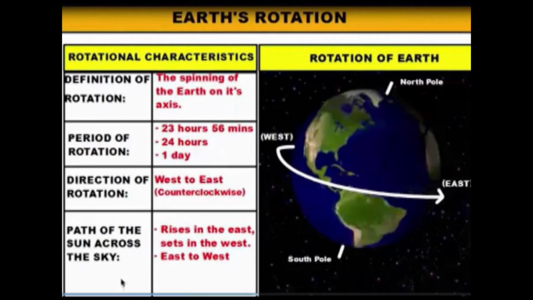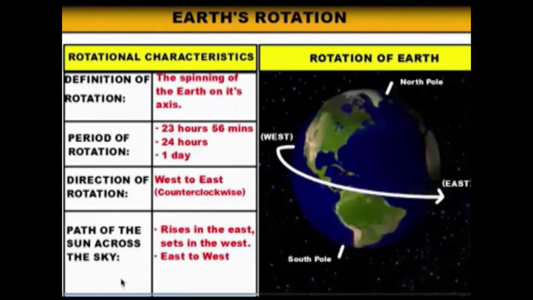Let's try to review the following concepts. Let's start with the definition of rotation: the spinning of the Earth on its axis. The period of rotation is 23 hours, 56 minutes. Round it off, that's 24 hours, and that makes 1 day, which completes 1 period of rotation of our Earth.